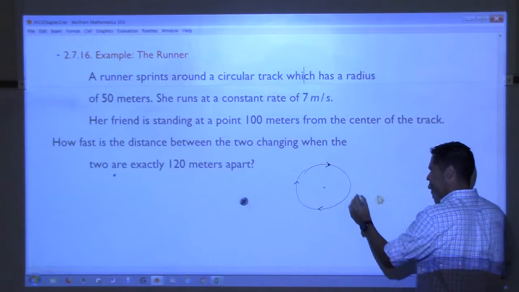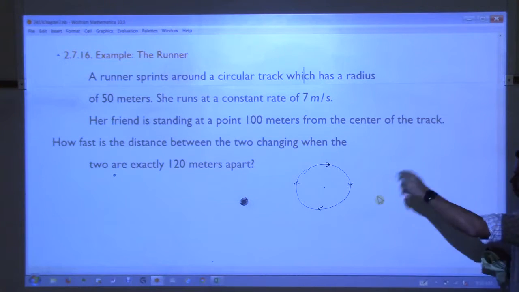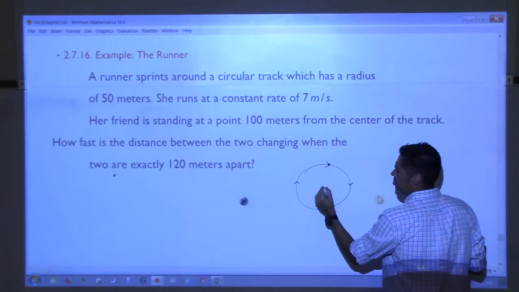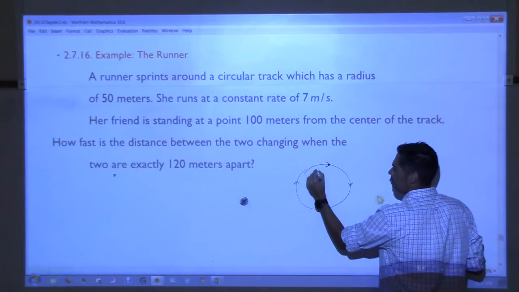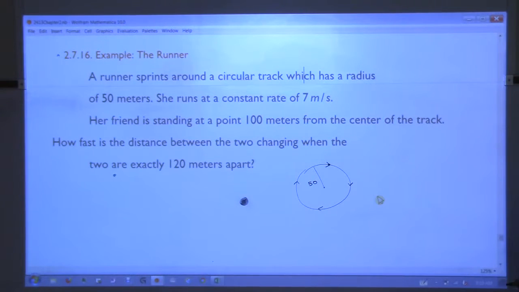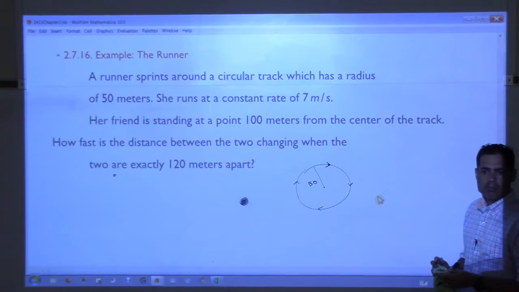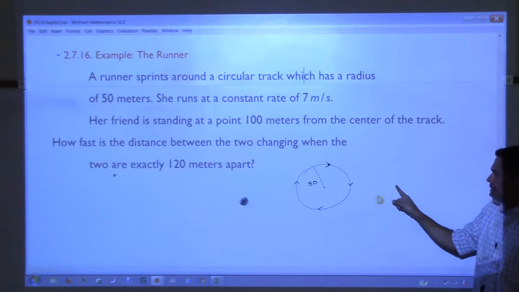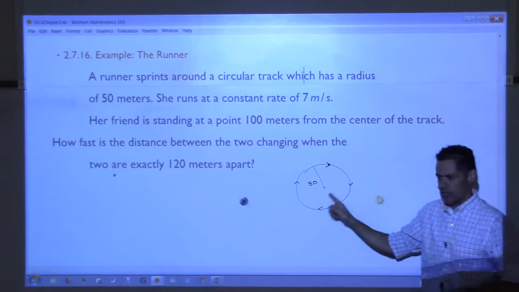All right, so we got this runner, and then you have the radius of this track. It's a circle, so the radius here is 50 meters, right? And then you have a friend that is standing at a point 100 meters from the center of the track. That could be 100 meters out here or 100 meters in any direction, right?